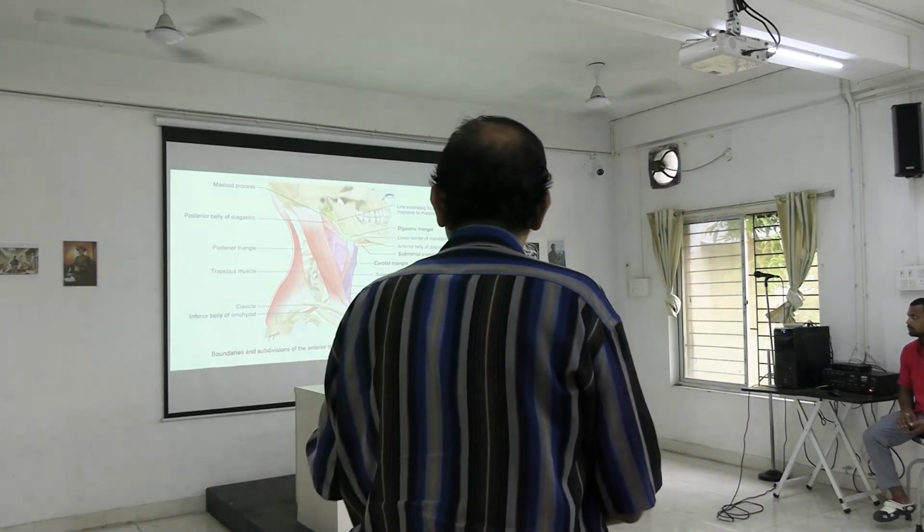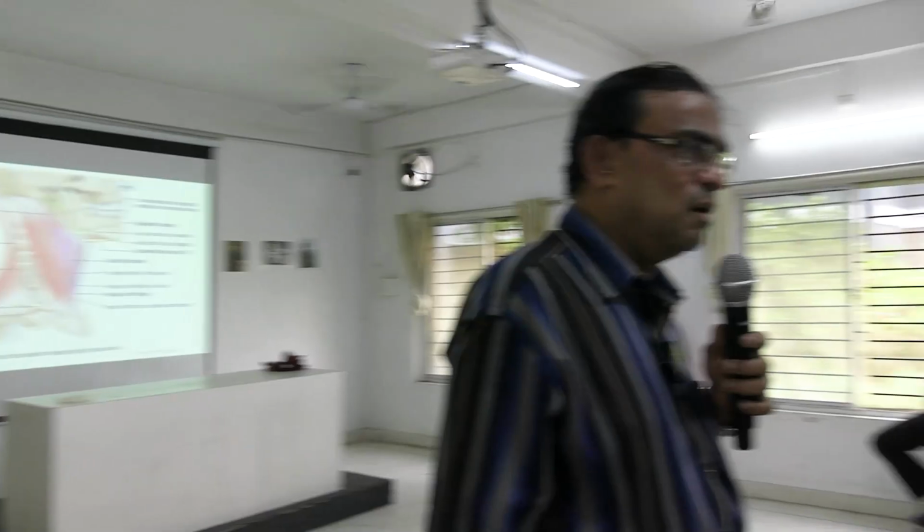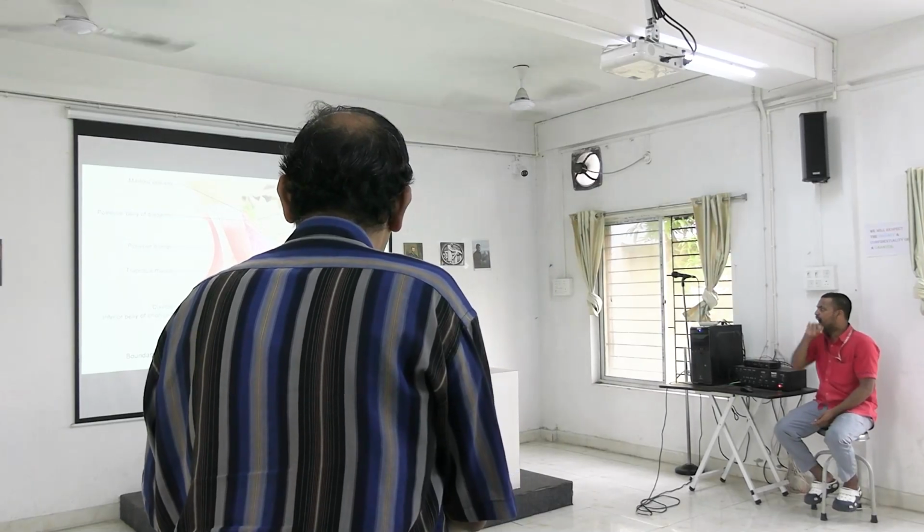We can also get different cranial nerves, like 9, 10, 11, 12. 9 means glossopharyngeal, 10 means vagus, 11 means spinal accessory, and 12 hypoglossal. Among them, hypoglossal I will show you in another diagram. This is the superficial one, the hypoglossal nerve, that will supply the tongue. So we can get so many nerves.